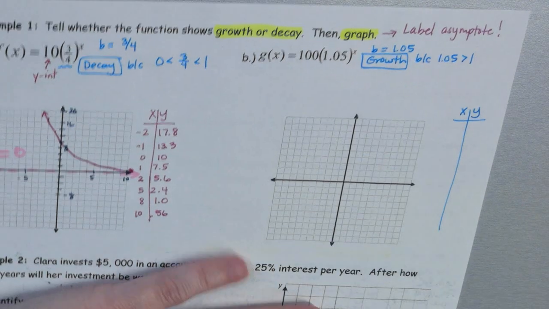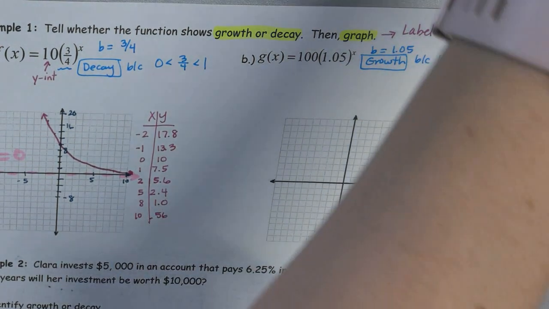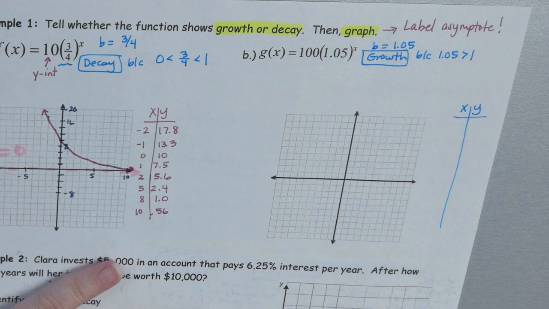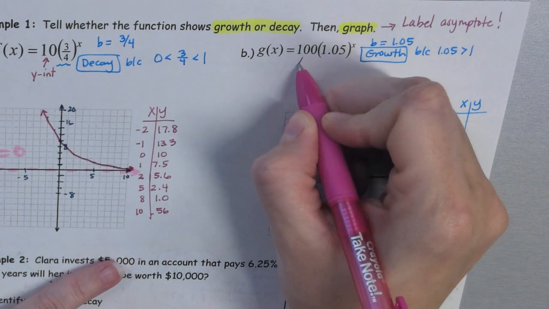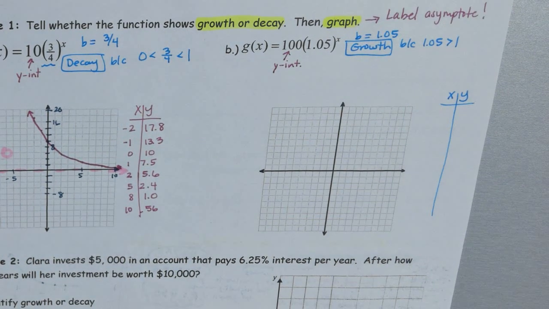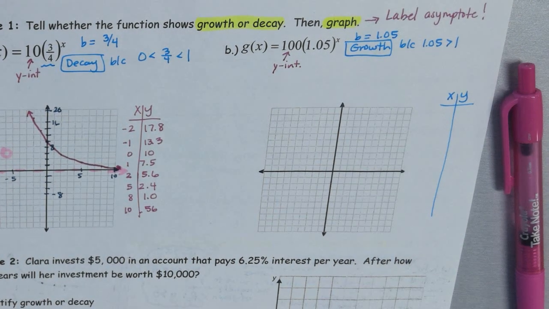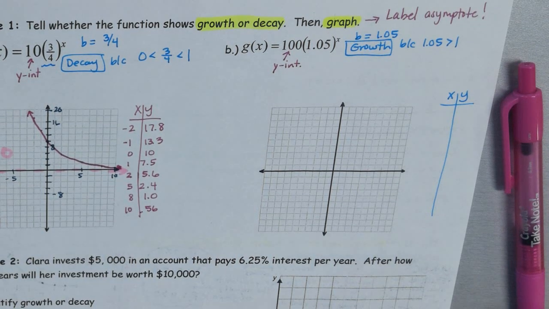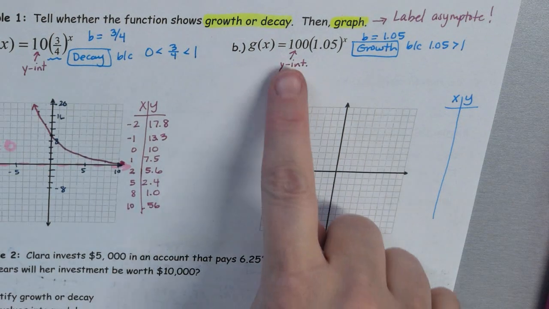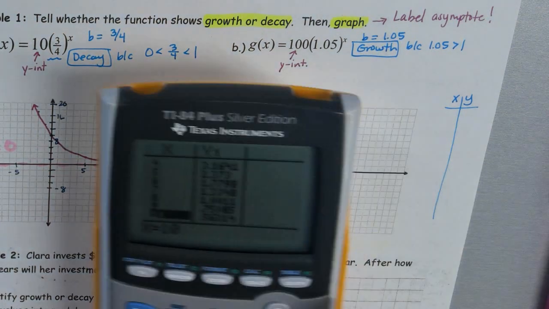Now, when you look at your equation, right away, what is a point that we know? Yeah, 0, 100. So I know that this is going to be larger. Okay, so I'm probably not going to want to start with -2. This was 10. That was 10 times smaller.